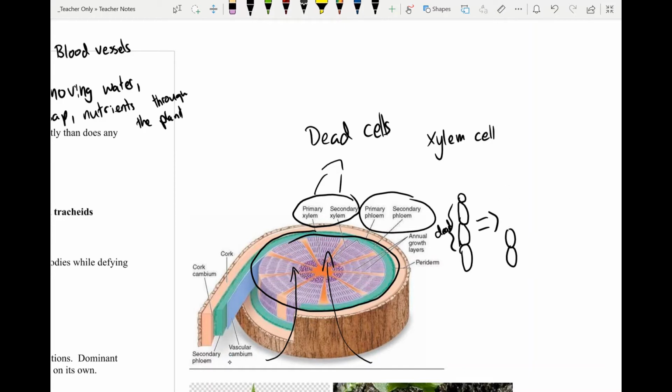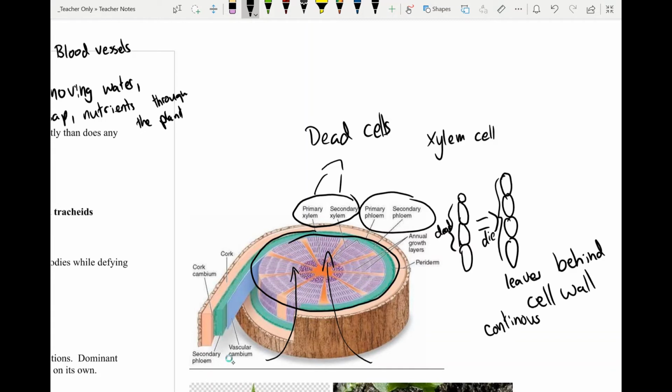Over time, it'll grow, and then it'll die. But it leaves behind the cell wall. So the cell wall doesn't vanish, the interior components vanish, and this gives a continuous cell, I'll call it a tube, for water to flow.